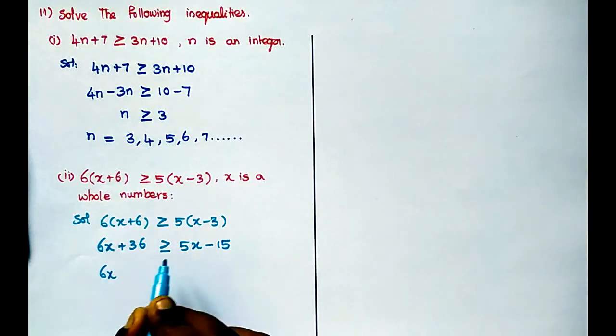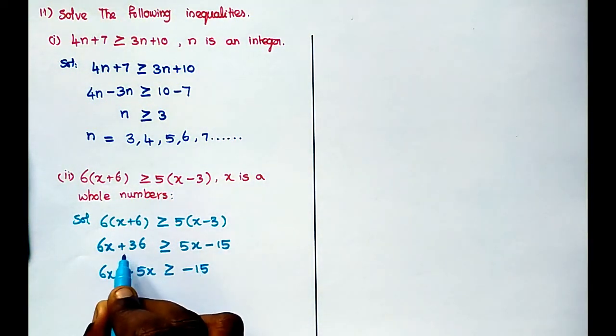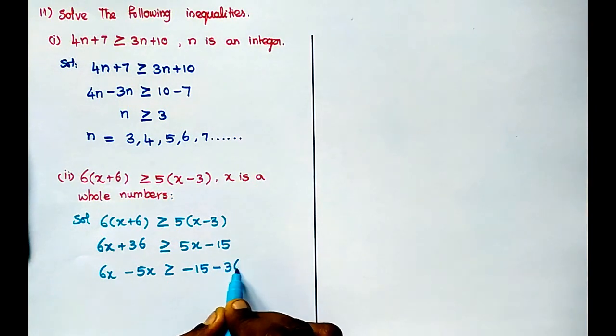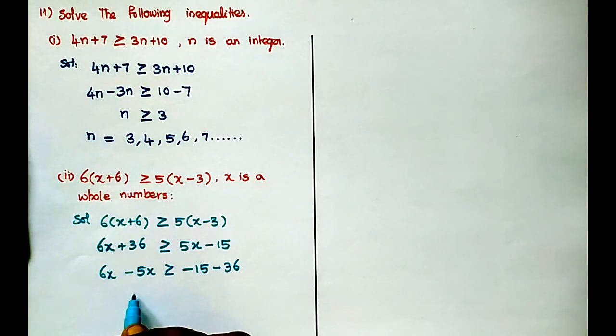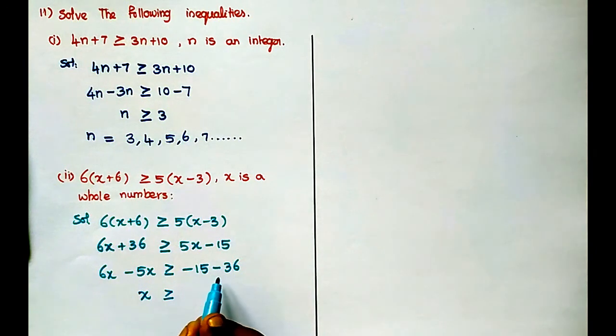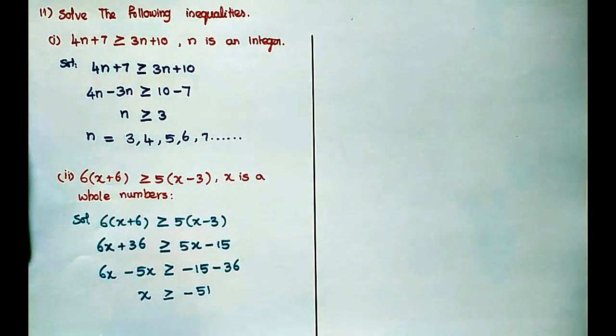So 6x minus 5x is greater than or equal to minus 15, and bring this 36 to this side means minus 36. Now 6x minus 5x means 1x is greater than or equal to minus 15 minus 36. Same sign, so we have to add these numbers with the sign. So minus 51.